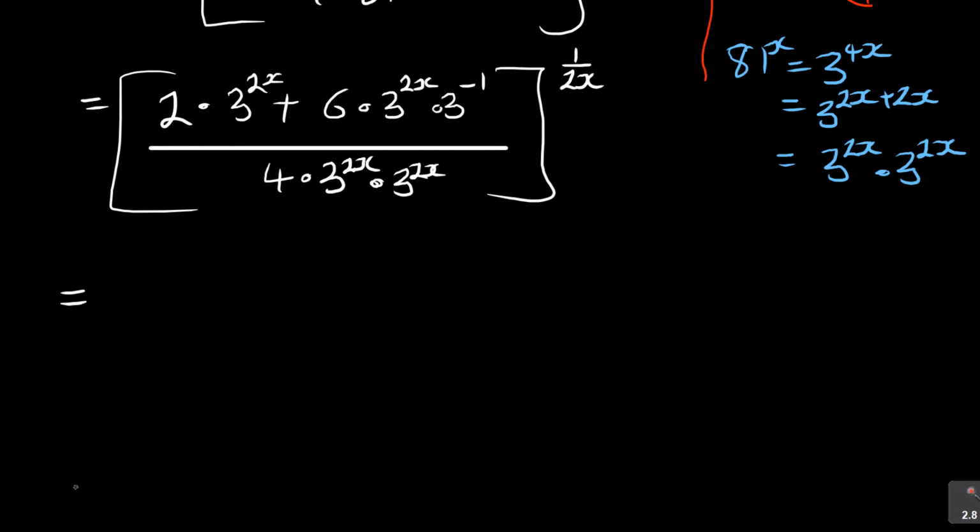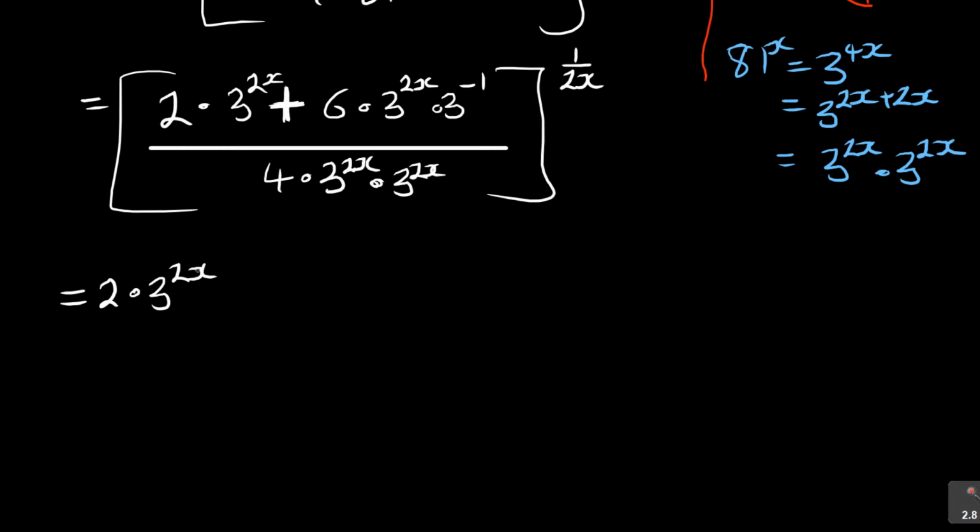Because of this plus sign, I'm able to factorize and take out what is common. We can actually take a few things that are common here. Start with 2 and 6: 2 is common, and 3 to the exponent 2x is common. So I'm going to take out 2 first, and then 3 to the power of 2x.